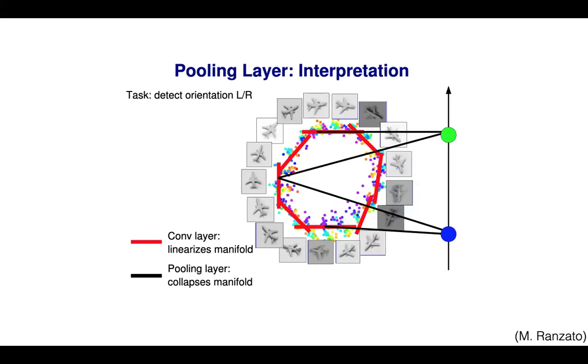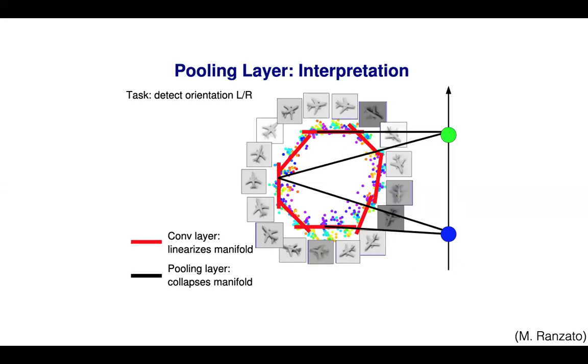We can imagine that the convolution sort of linearizes a manifold that we are trying to analyze by detecting certain types of features. And then the pooling layer sort of combines this and gets the features based on the desired training method.